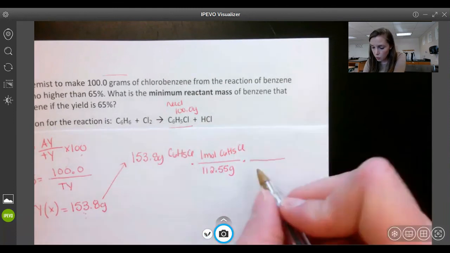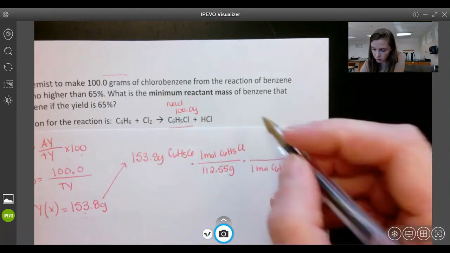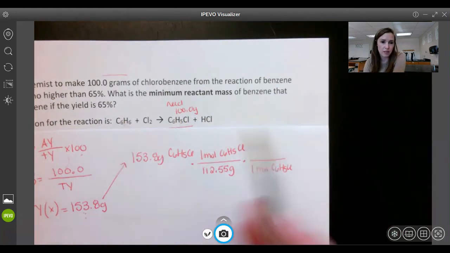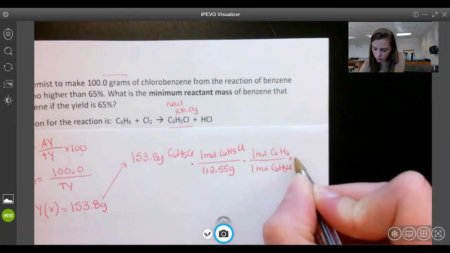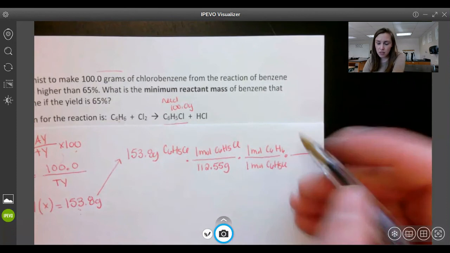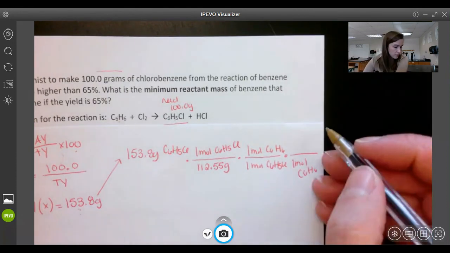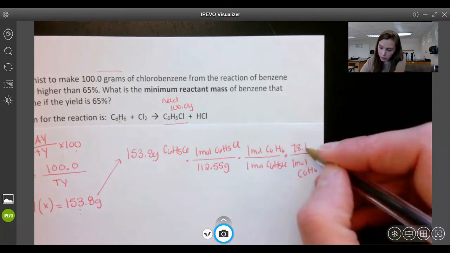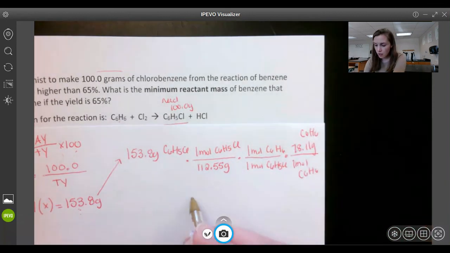So for every 1 mole of chlorobenzene, I'm going to need a mole of benzene to start with. And the last part is I need grams of it, so I use its molar mass, which is 78.11 grams of that C6H6.